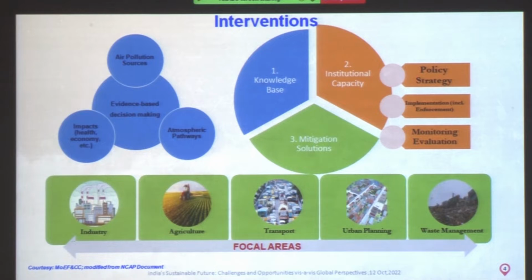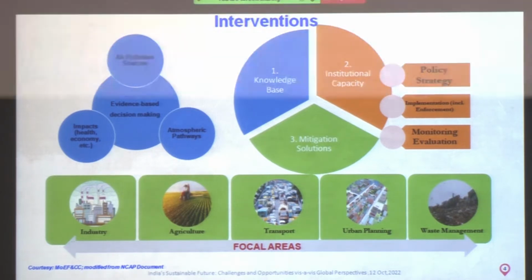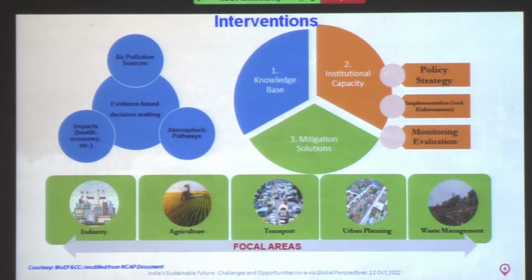They want to increase data. It has to be data-centric, data-driven, based on sound science foundation. They want to implement policies. New institutions are planned to be created. As you see, this new commission to deal with air quality of Delhi NCR is part of that. And they also want to mitigate different kinds of sources across the sectors. That's what is listed at the bottom, somewhat that was also talked about by the Commissioner Dr.